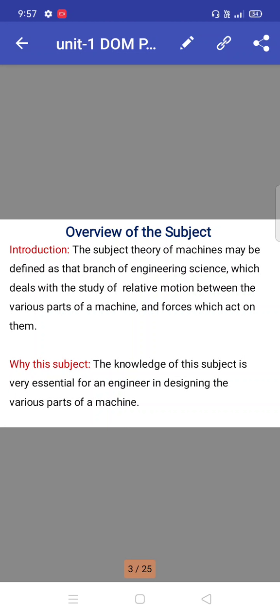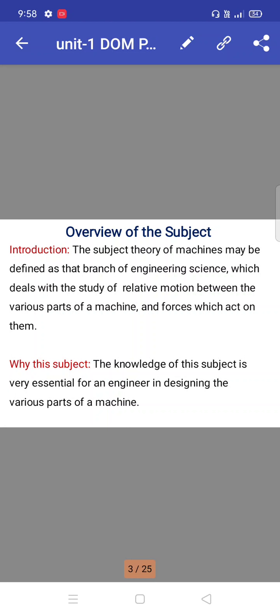The machine has plenty of components which are interlinked, so the movement of one component depends upon another component. This is what we specify as relative motion and the forces which act on them. So what are the forces acting on them? We need to analyze such things.